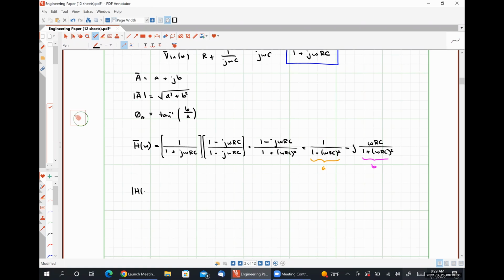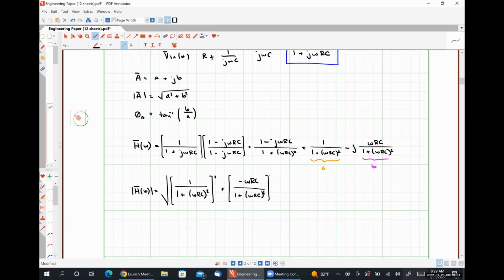The magnitude of H of omega is simply going to be the real part squared plus the imaginary part squared, and then we take the square root of this whole thing.